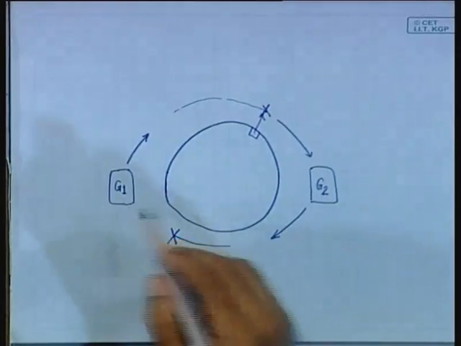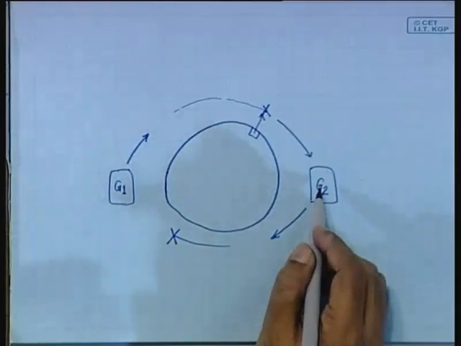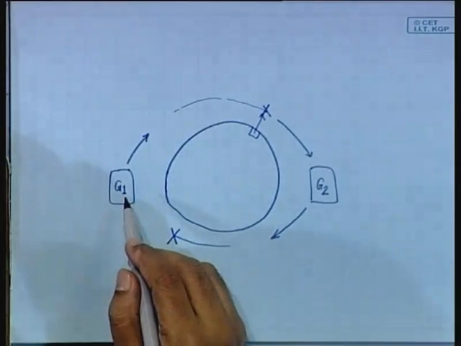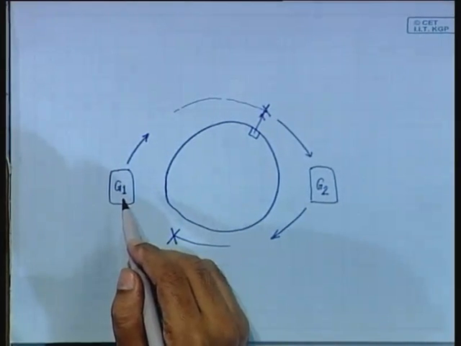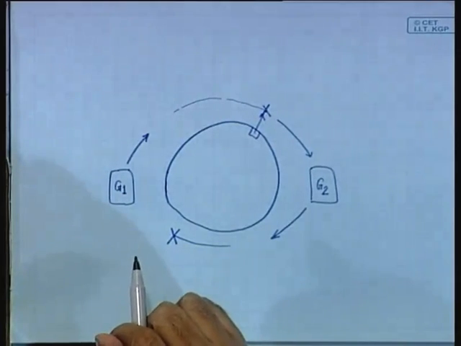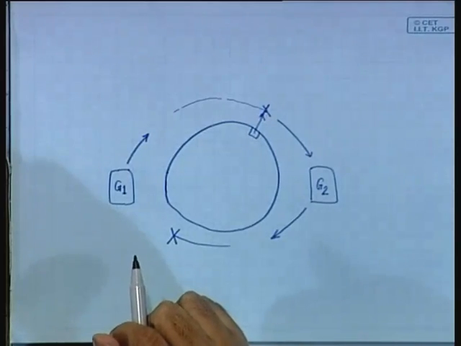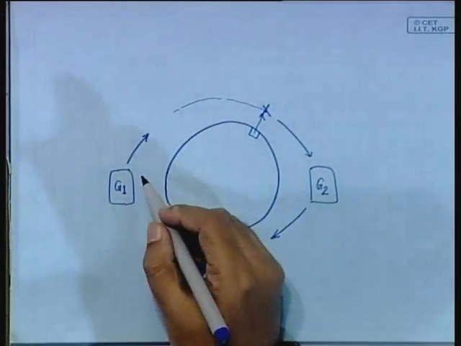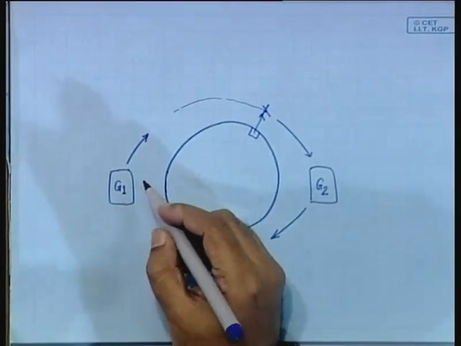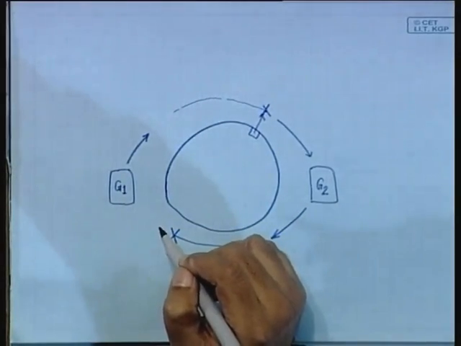G2 knows that if the acknowledgement does not go, then G1 will not attack. Now, look at G2's problem. Will G2 attack? No. So, G2 needs what? It needs an acknowledgement from G1 that the acknowledgement had reached.